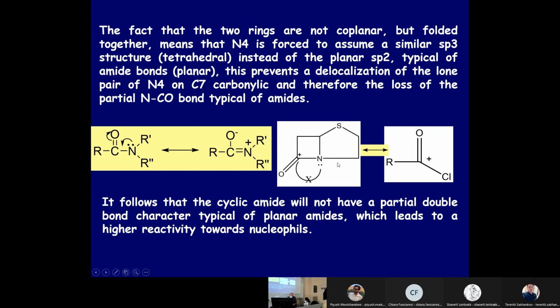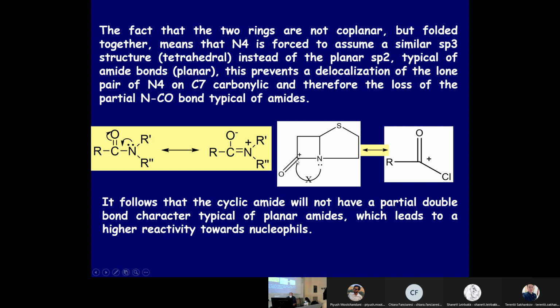So the lone pair remains on the nitrogen atom, cannot be delocalized on the carbonyl system. You see, it's not possible, the delocalization of this lone pair on the carbonyl group.